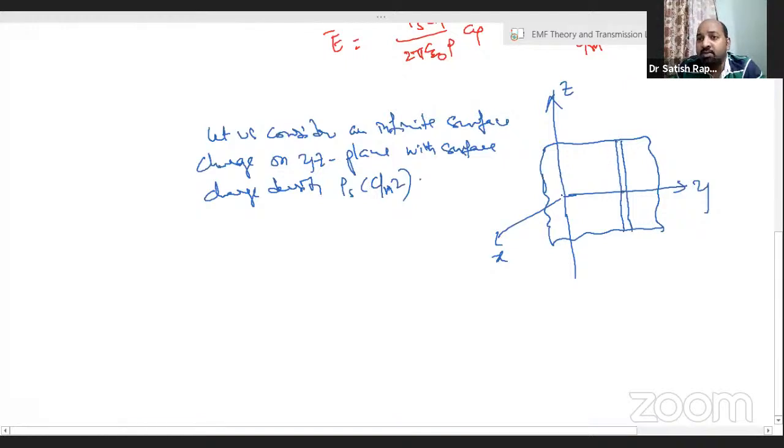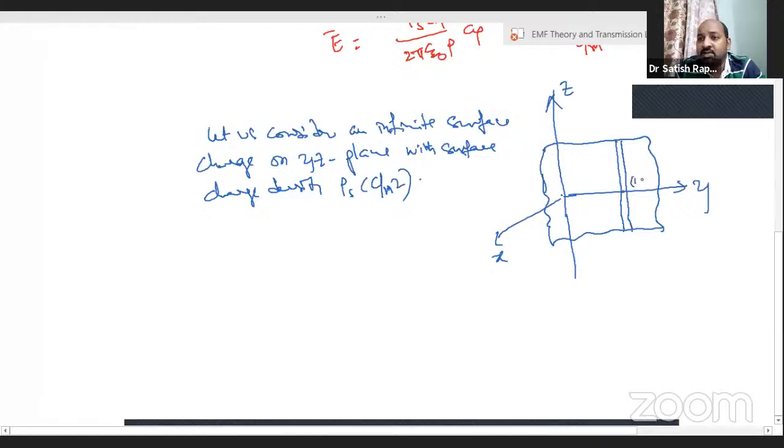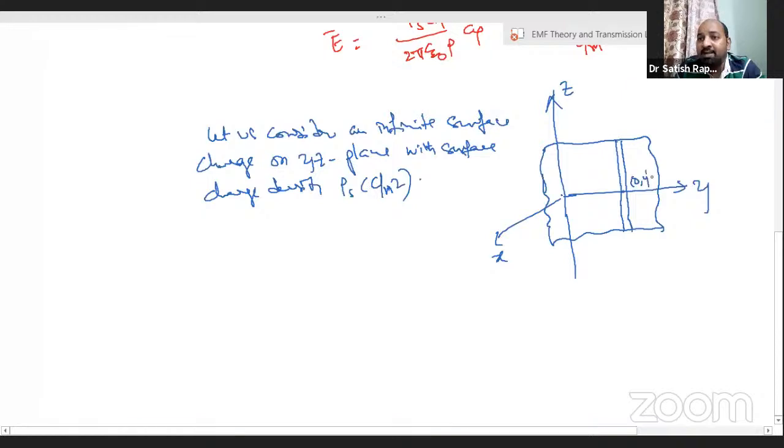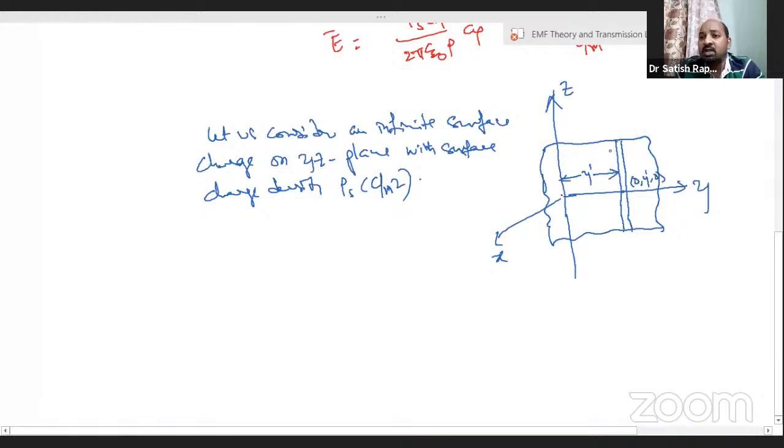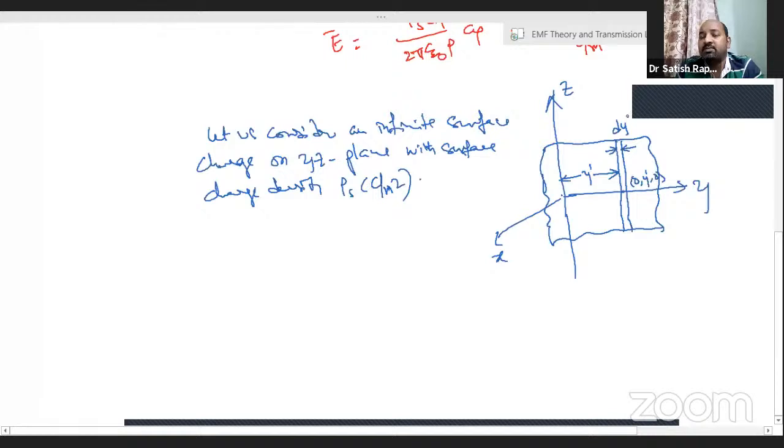This is the point on the y-axis, 0, y dash, 0. From here to here is y dash distance, and the width of the strip is dy dash.